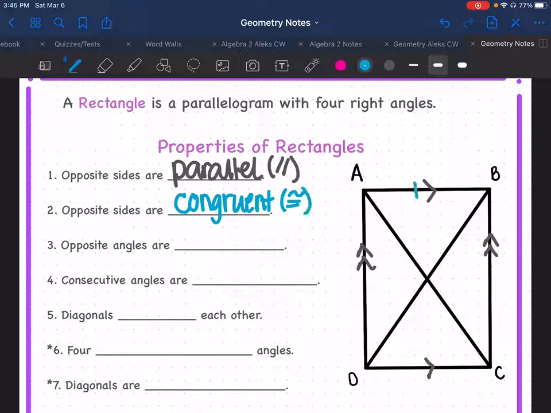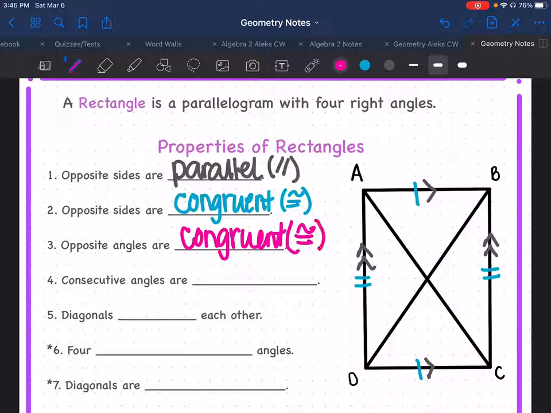So once again, the top is equal to the bottom, the left side is equal to the right side. The opposite angles are also congruent. A and C are the same. B and D are the same.